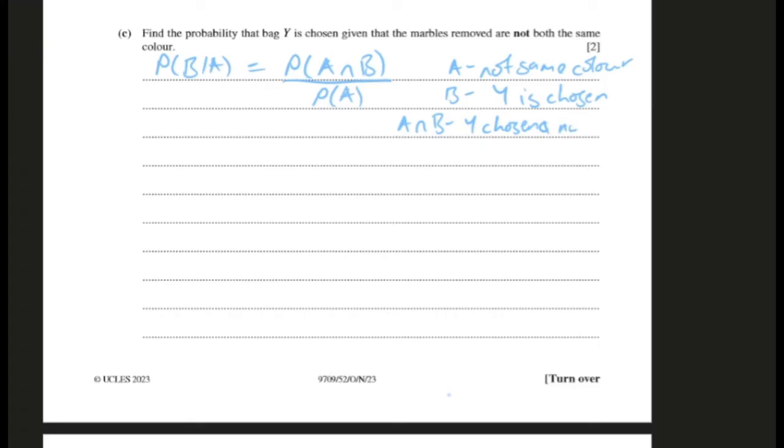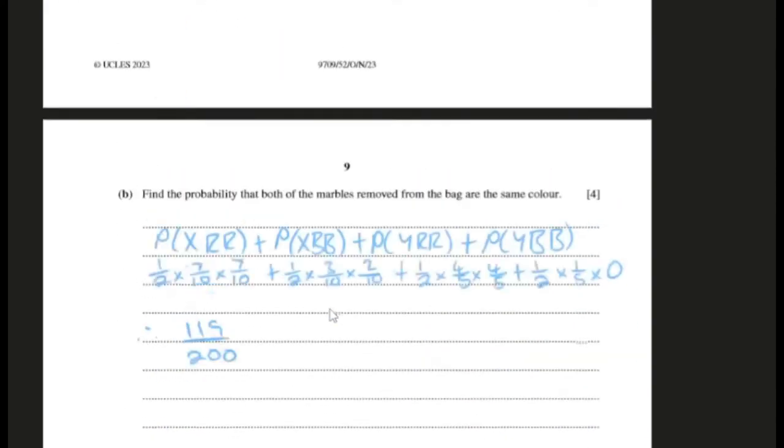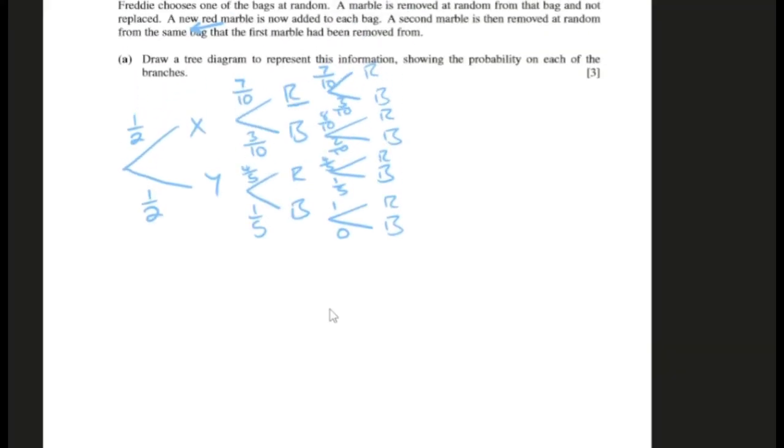Okay, so let's start by finding the probability of A intersection B. So we want to pick bag Y, but we want the marbles not to be the same color. So that means we're picking bag Y, and we want a red marble to be picked first, then a blue marble. So we're looking at Y, R, B, and then we also want Y, B, R. Those are the two probabilities.